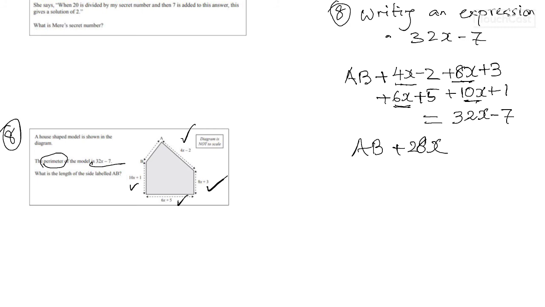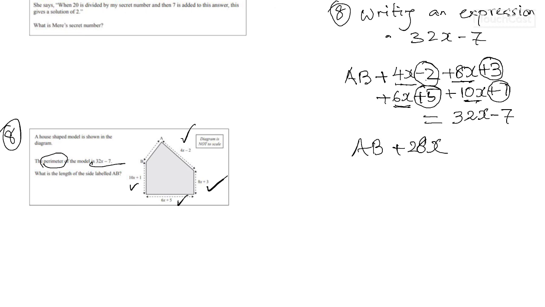Then I've got the next groups of like terms: negative 2, positive 3, positive 5, and finally positive 1. These are all like terms.